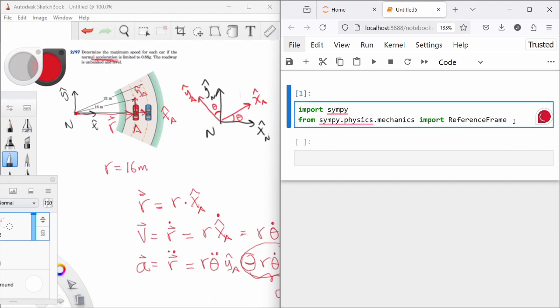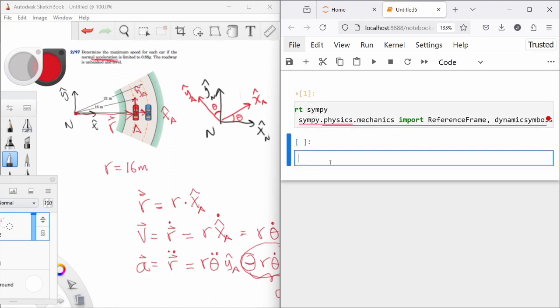We start by observing what are the parameters, the dynamic parameters that describe our system. In this case, it's only theta.